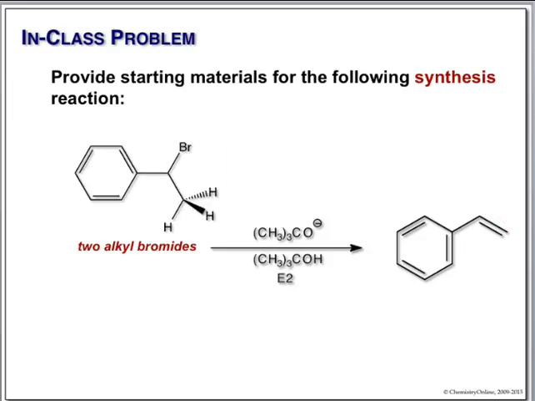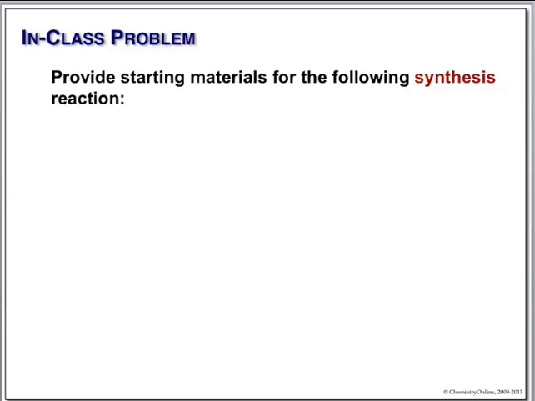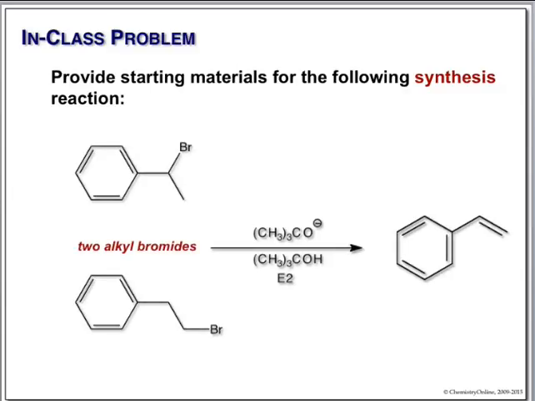If we had this as our starting material, putting the bromine here, we could pull off this hydrogen, do a trans elimination. We could also simply have this as our starting material, where we put the leaving group here at the terminal position, pull off one of the benzylic hydrogens, the bromine leaves, to give us the same product.